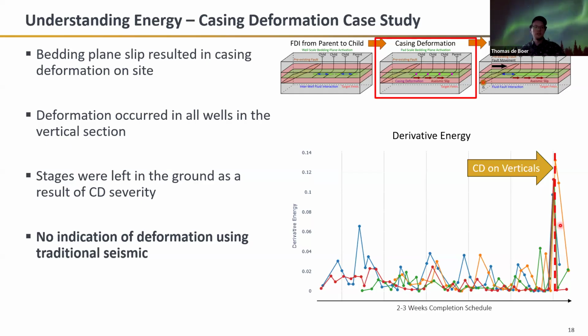However, they ran caliper logs across their wells across various stages, and we could see that there was this evolving deformation that was occurring across the verticals, across the pad during this high energy release. So we have direct confirmation from those caliper logs that the amount of deformation occurring increased during this high energy period.